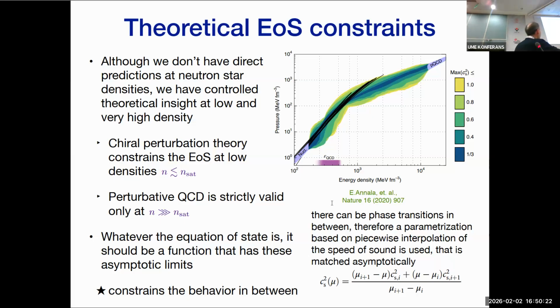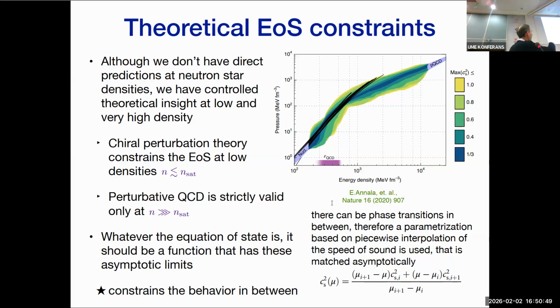But you can then ask, I mean, the equation of state is one function, right? It might be complicated. There might be phase transitions. There might be all kinds of things. But there's another thing that helps, and that's causality. And that's what Yavuz already mentioned. We know that the speed of sound can never be bigger than the speed of light, right? And that means the slope of the equation of state cannot be too big, okay?